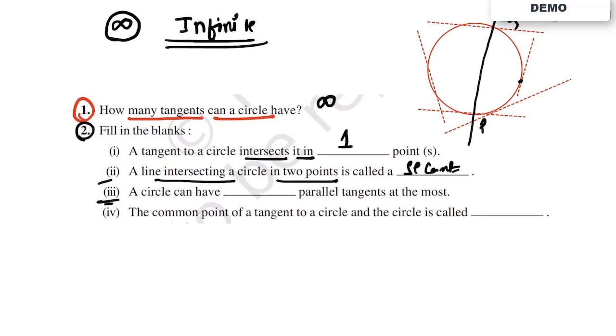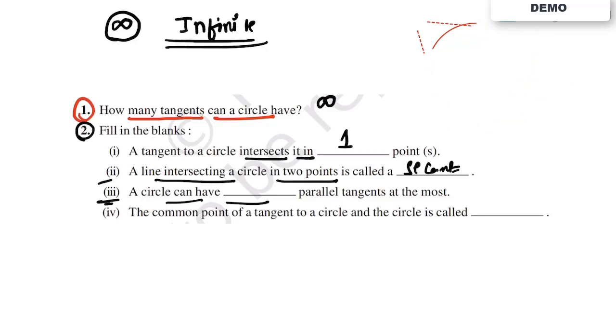Third question says, a circle can have how many parallel tangents at most? So let us try to draw them again, and we would be able to visualize the maximum number of parallel tangents you can draw at a time. Okay, it's saying at a time. This is our circle. I am going to draw 2 parallel tangents. So this is our tangent number 1, this is our tangent number 2.